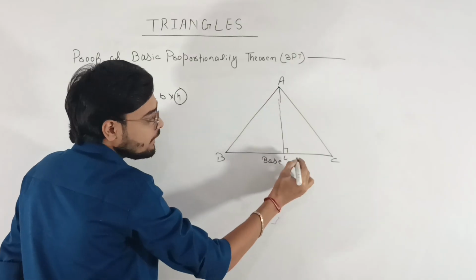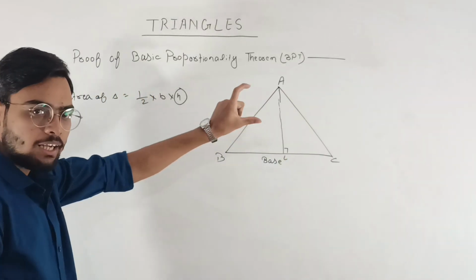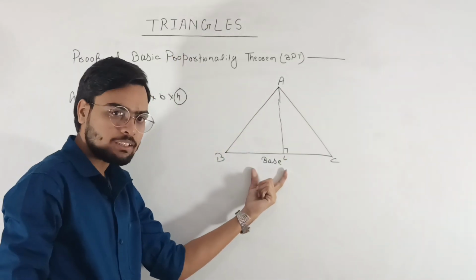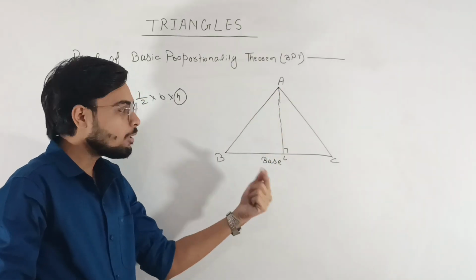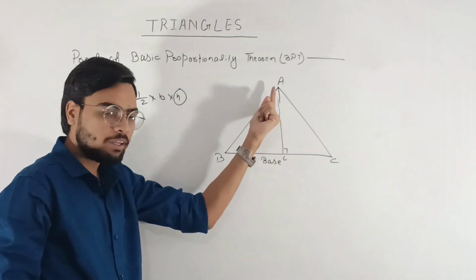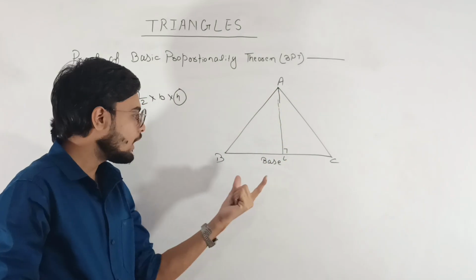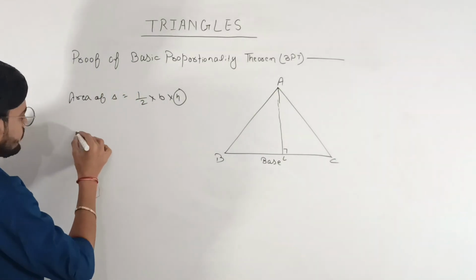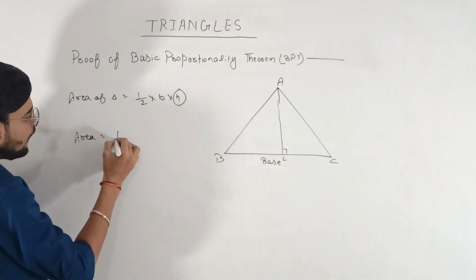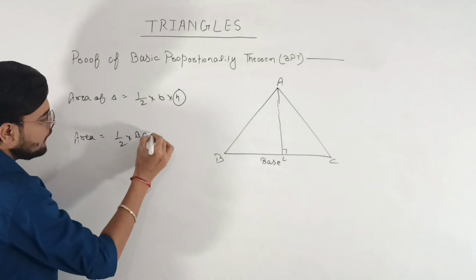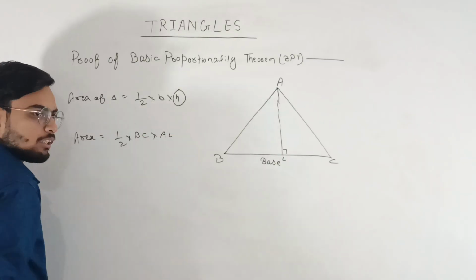Then this AL is my height for this triangle. So area is equal to half into base BC into height AL.